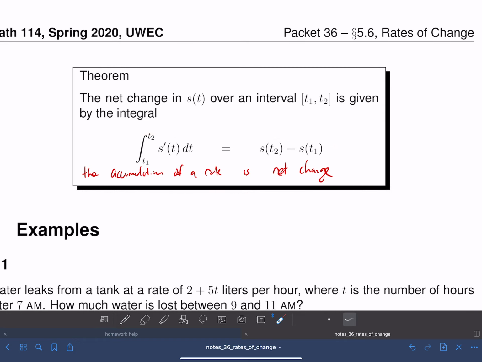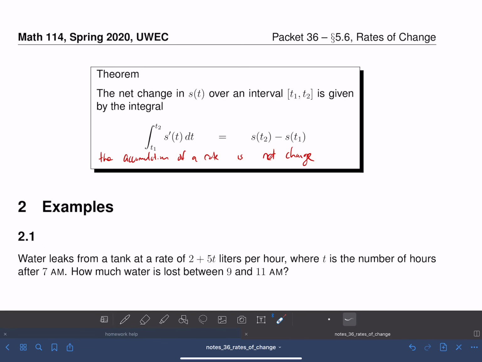This right here is it. The accumulation of a rate is net change, and it is expressed through the integral, through the derivative, and the difference of evaluation of an antiderivative. This is so important, y'all. I have a couple of examples for you over the next couple of pages, and then we'll call it good, and we'll pick up with our next 157.